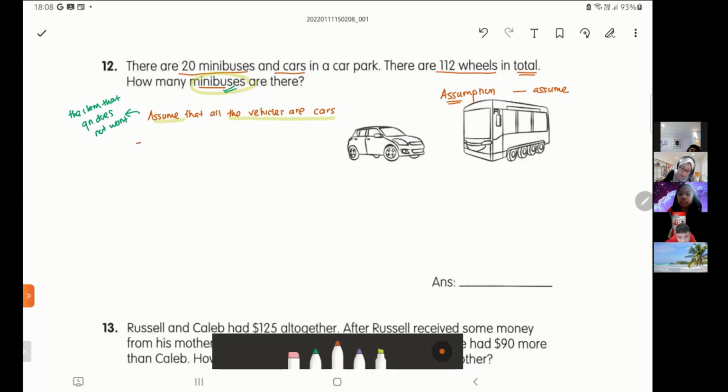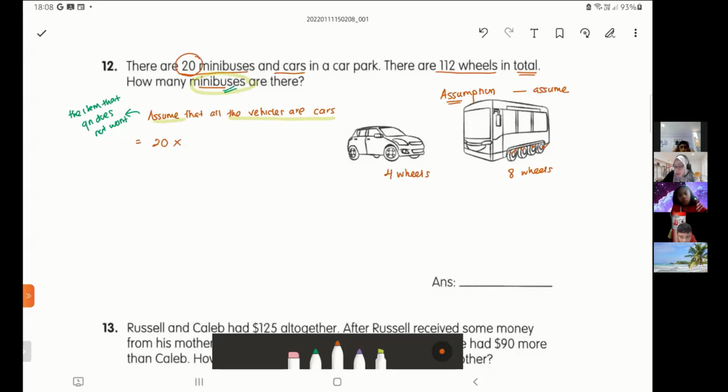So when you do that, you take 20, the total just now, times with car, how many wheels? 4 wheels. Then for the minibus, you have 8 wheels. You can see 1, 2, 3, 4, then the other side will also be 4, because the bus cannot run with only 4 wheels.